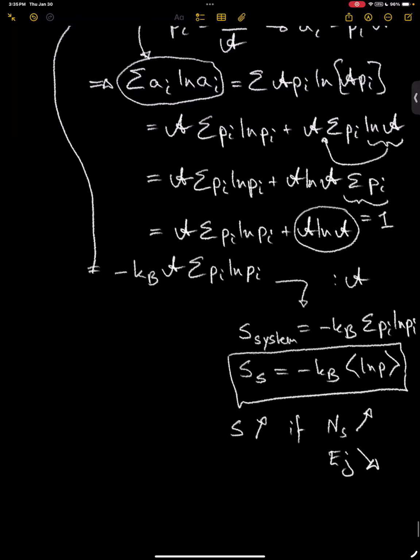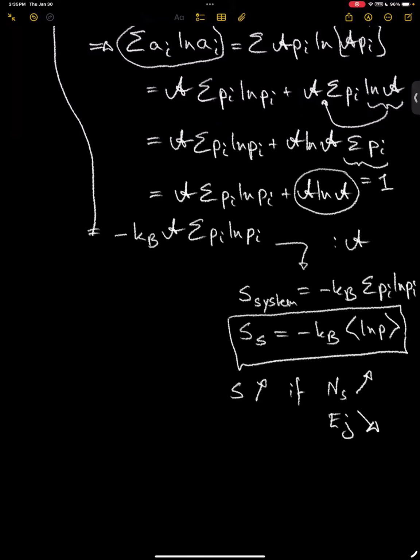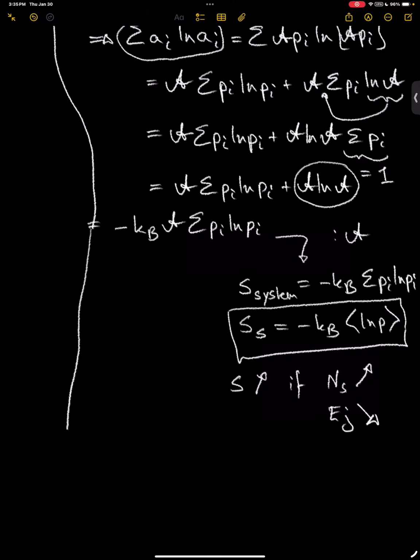Now, I can also continue with the expression up here and write more explicitly my entropy, so let's also here divide by A, right, of the system as minus k_B sum over probabilities.